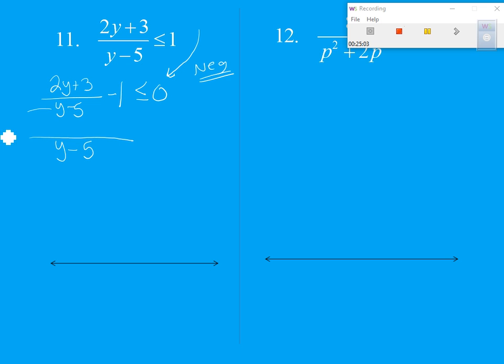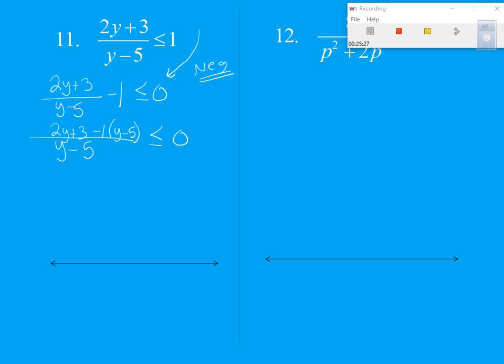So when I go from here to here, I don't need anything. So I've got 2y plus 3. But now, when I go from here to here, I need to multiply by y minus 5. So to the negative 1, I'm going to multiply by y minus 5. And that's going to be less than or equal to 0.